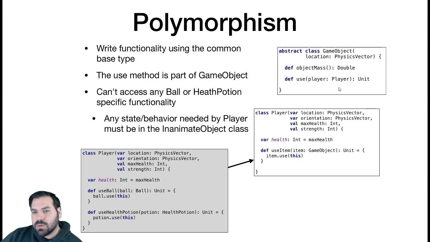So if these methods only existed in dodgeball and health potion, we can't do this. We can't call the use method in the game object class because it wouldn't exist. So we put the use method and the object mass method in the game object class to say, hey, if you extend this type, you have to implement these methods, because now when a player has a game object, you can guarantee that it has a use method.